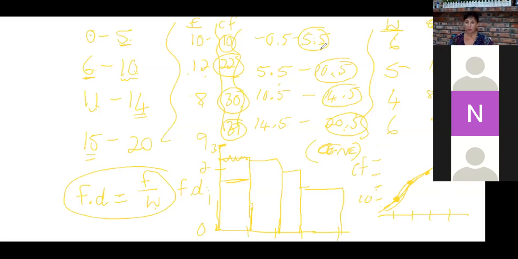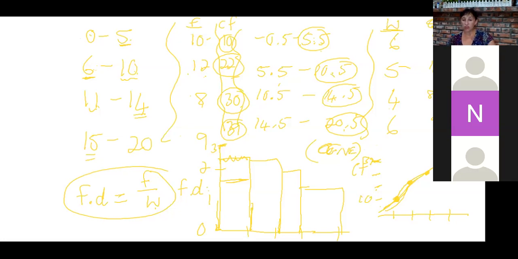You plot the upper bound against the cumulative frequency. You will eventually get up to 39. That highest value is 39. It is the cumulative frequency of the whole lot together. It kept accumulating till you got to 39. So that's the highest point there.